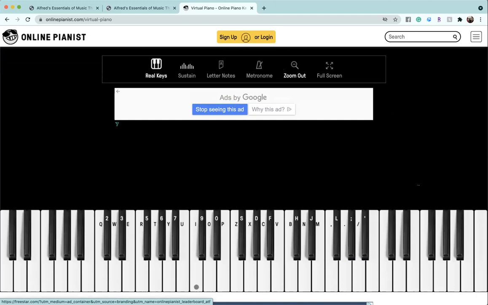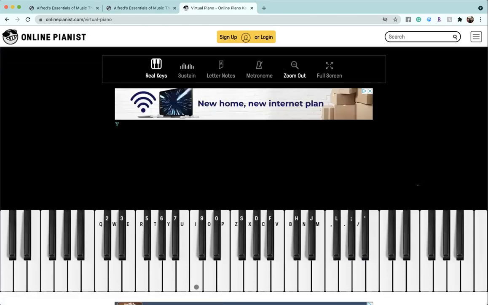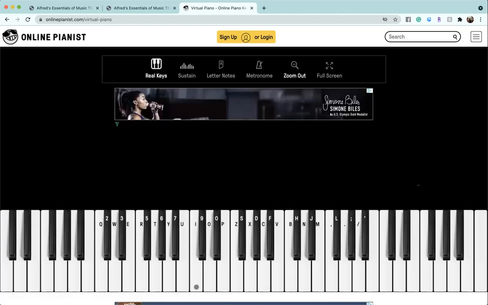I'm going to clap the rhythm first and I'm going to count it out. 1 and 2 E and a 1 and 2 E and a 1 and 1 and a 2 and 1 and 1 and the 2. 1 and a 2 and 1 and a 2 and 1 and 2 and 1 and a 2. 1 and 2 E and a 1 and 2 E and a 1 and a 2 and 1 and a 2. 1 and 2 and 1 and 2 and 1 and a 2 and 1 and 2. Rest on the and.